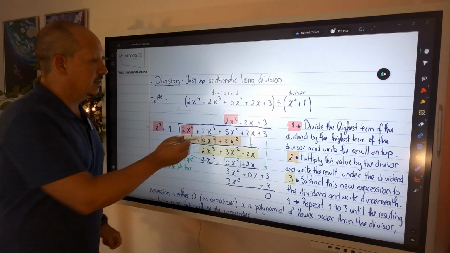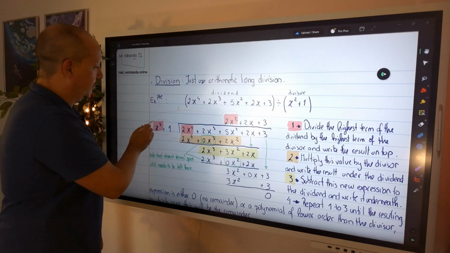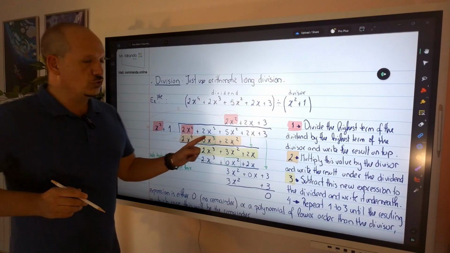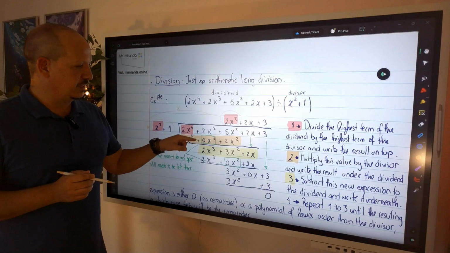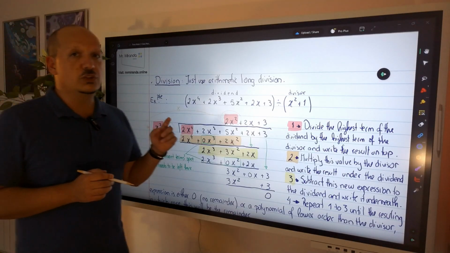What do you do next? You multiply this by the whole divisor again, and write it down over here. Now pay attention to one thing that I highlighted here with this green box. It's very important for you not to make mistakes.